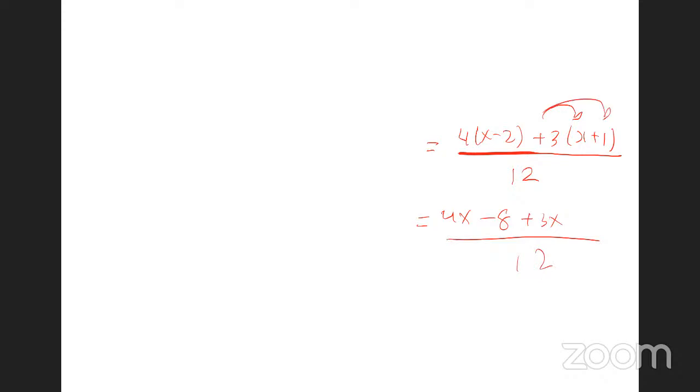Plus 3 by 1. Bring the like terms together. Notice, same things all the time when you're solving. So you'll get 4x plus 3x minus 8 plus 3 all over 12. 7x minus 5 over 12.